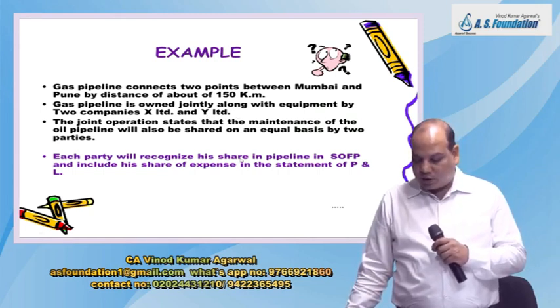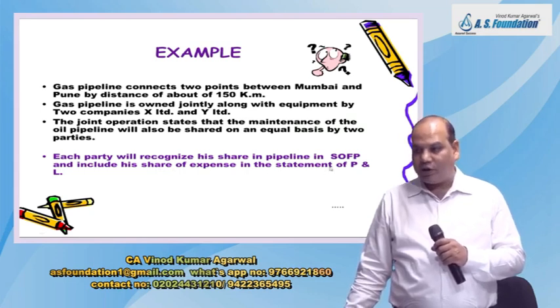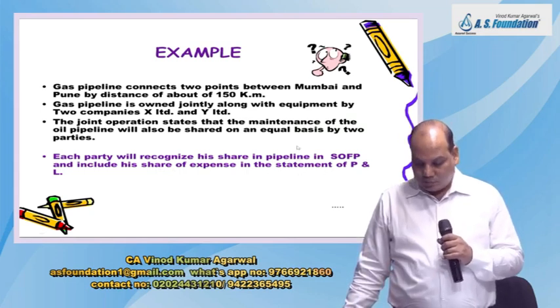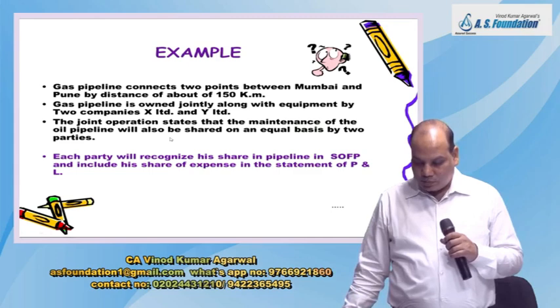Each party will recognize his share in pipeline in SOFP and include his share in expense in the statement of profit and loss. This kind of joint arrangement is a joint operation, right?